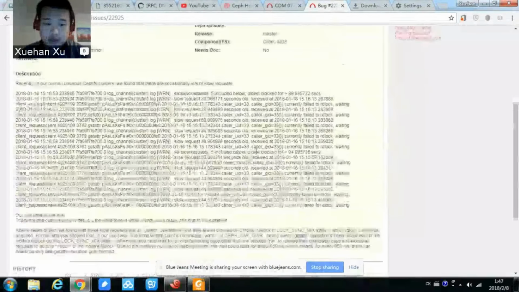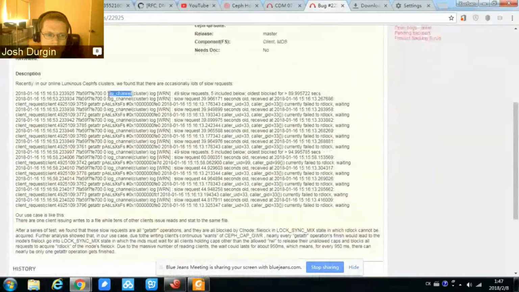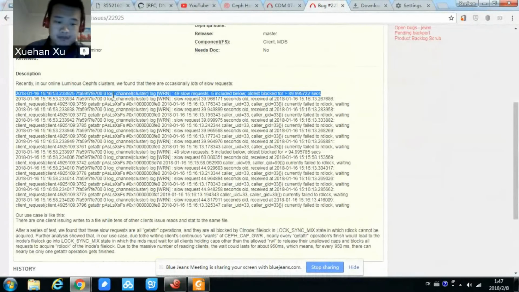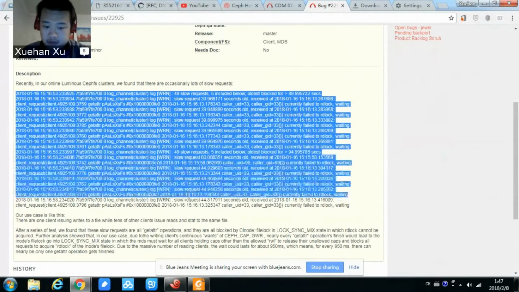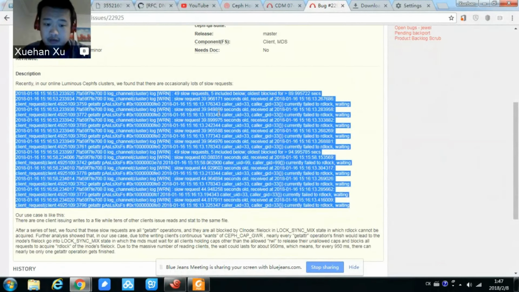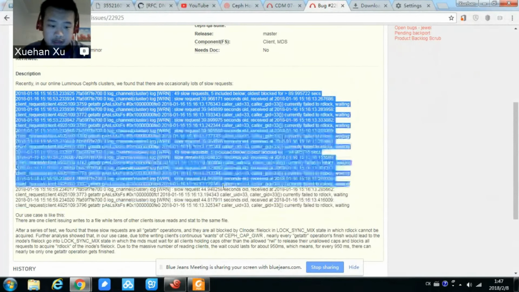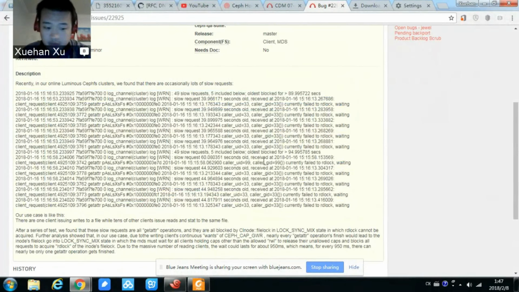Yes. Okay. The problem is like this. Recently, we've seen in our online Luminous clusters that there are occasionally a lot of slow requests like this. Our use case is like this.